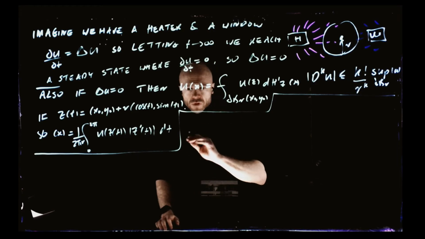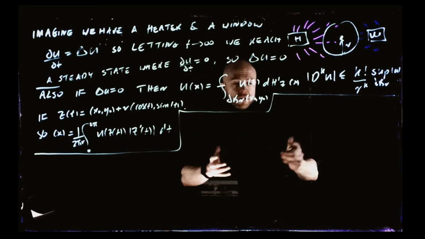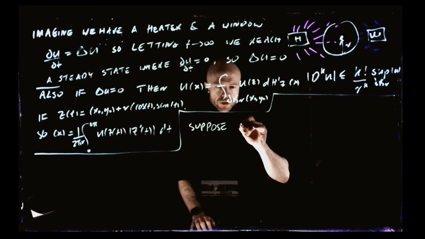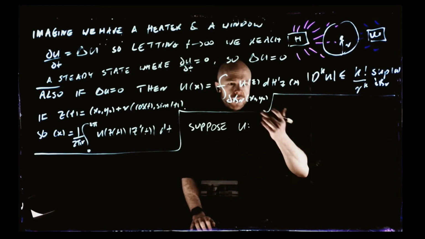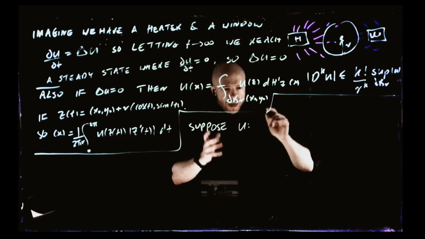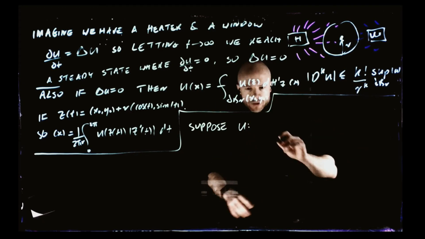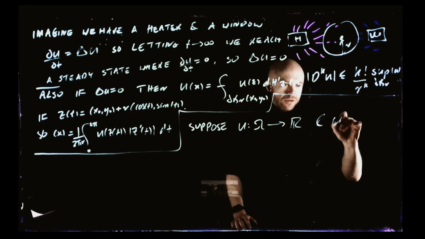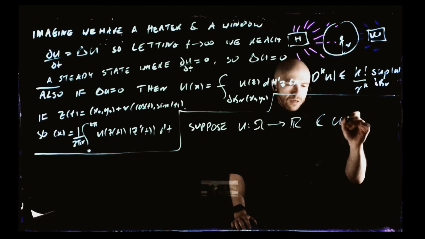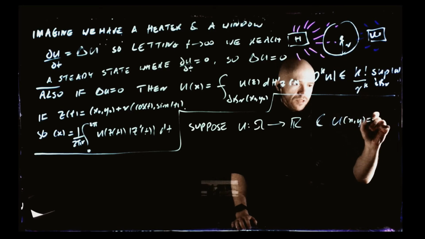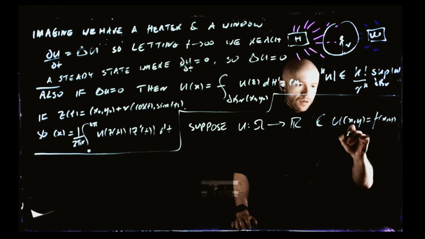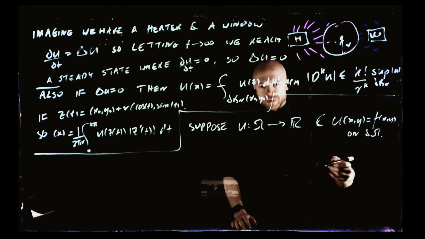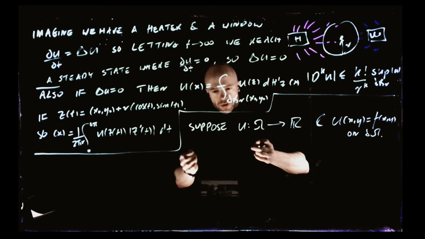Suppose we have a function u from some nice connected domain with the boundary, omega, into R, and u(x,y) is equal to f(x,y) on the boundary, where f is some given particular function.